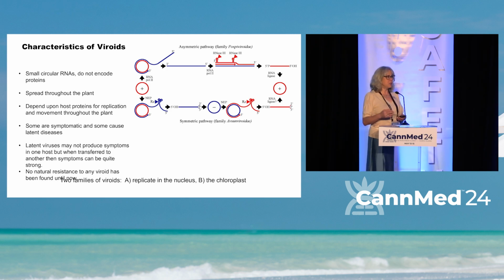So because of their issues in stone fruits as well as in hops and in hemp, they are an economically very important category of pathogens. And as you know, Latent Viroid causes extremely important, significant problems in the hemp industry, which is how we got involved in this.